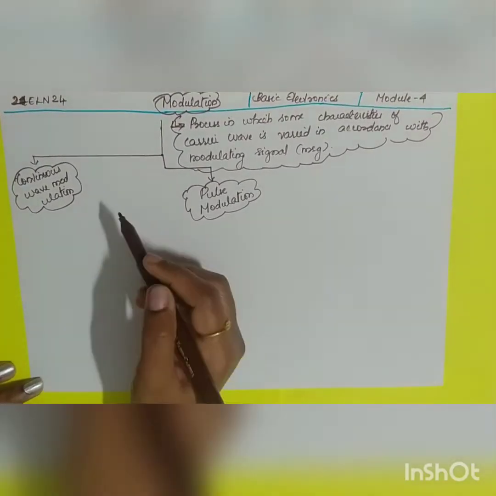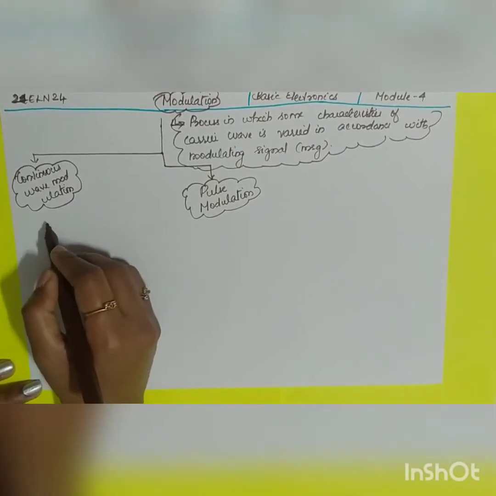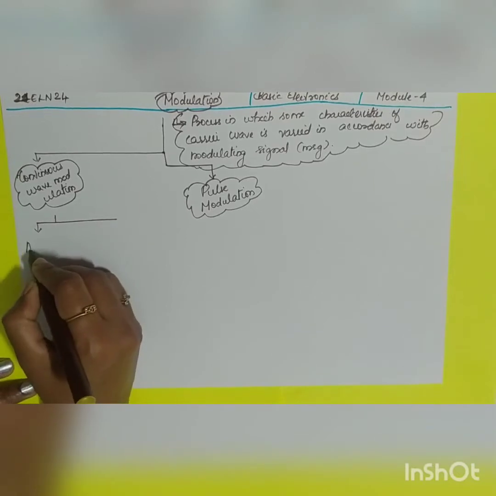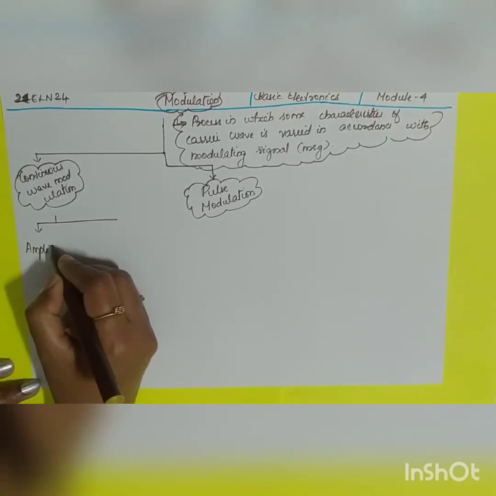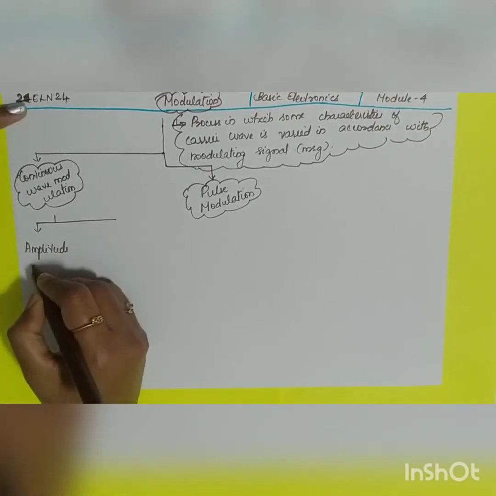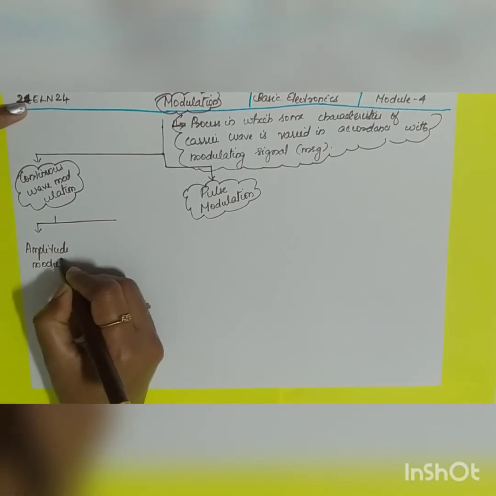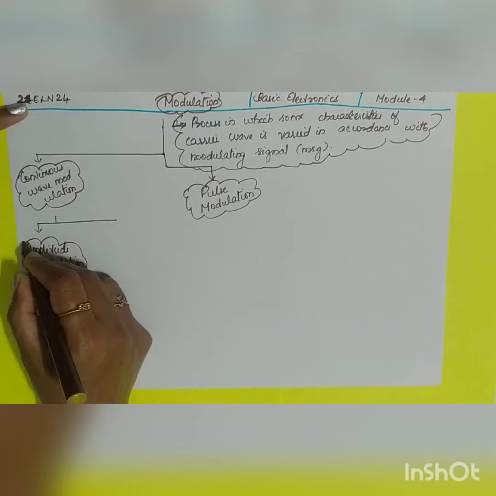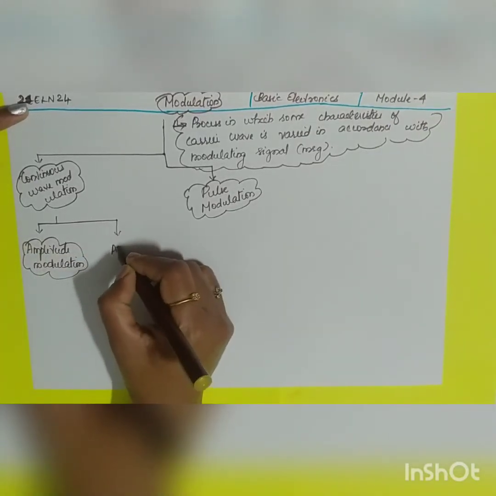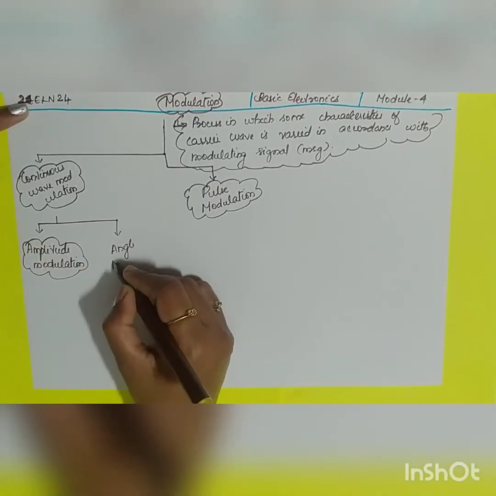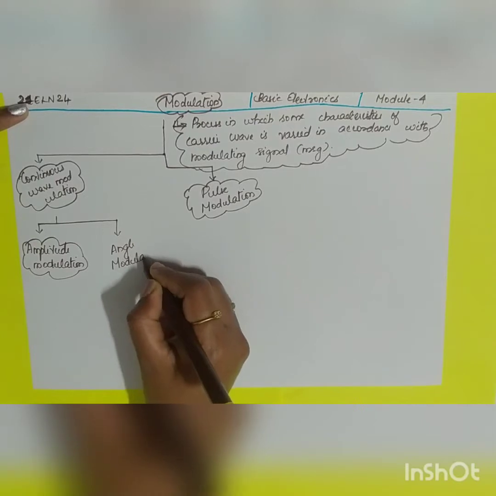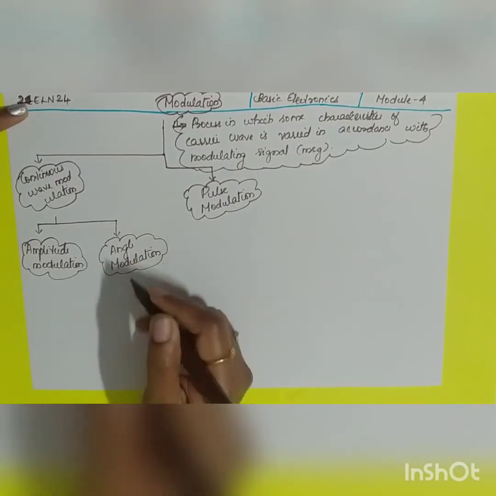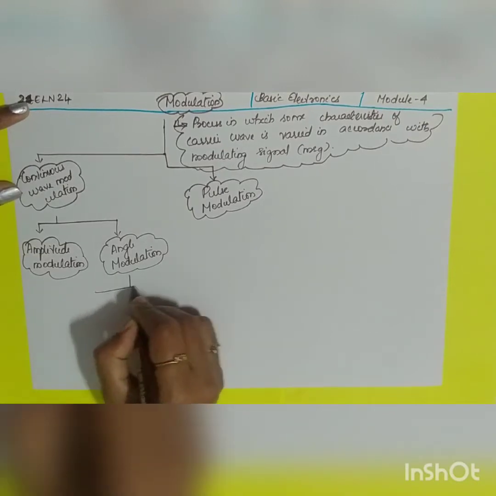Okay. So continuous wave modulation can be classified into two types. One is called as amplitude modulation and the second one is called as angle modulation. Okay. Now this angle modulation can be divided into two types.